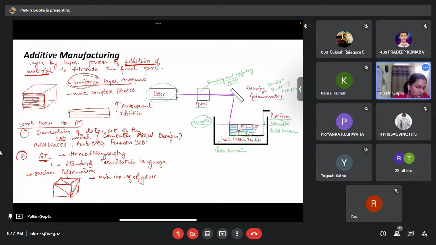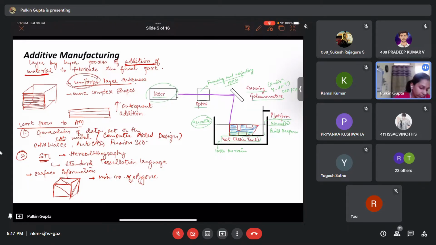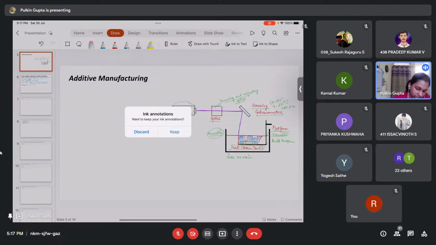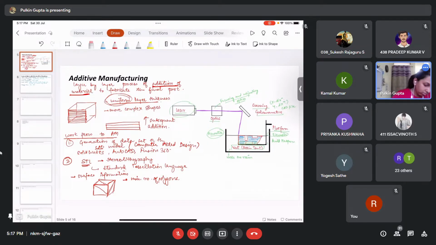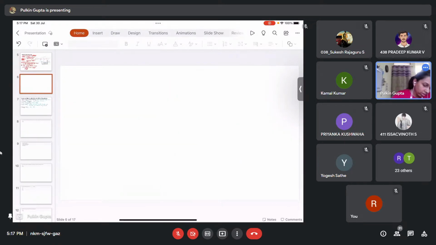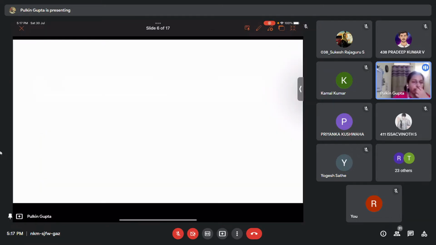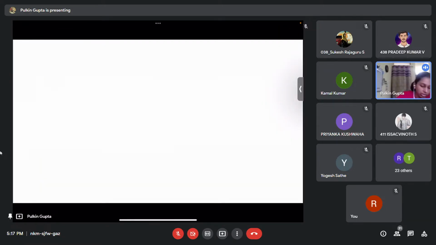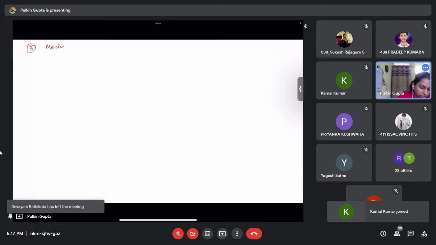Okay, now when you have converted this into an STL format, now what you need to do is you need to develop machine readable G codes.